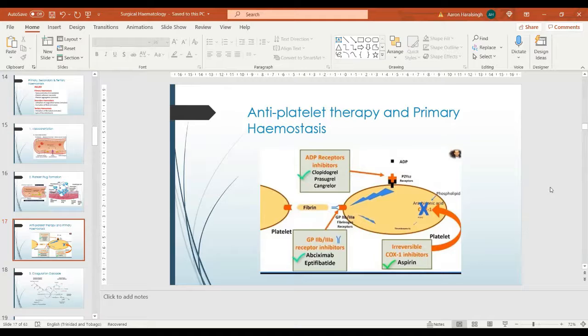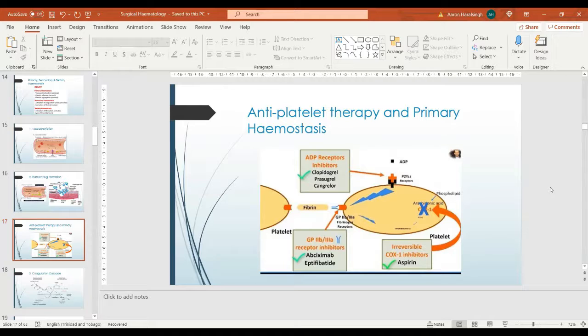And so in inhibiting cyclooxygenase, it inhibits the arachidonic acid pathway, and therefore you have less production of thromboxane A2, which leads to less platelet aggregation and less vasoconstriction. Yeah.